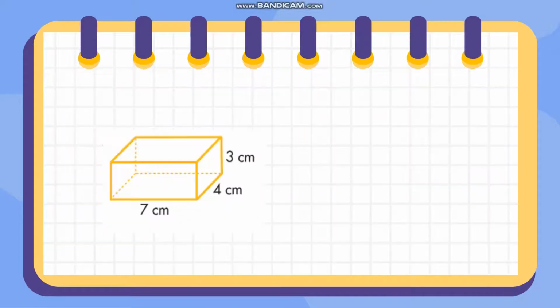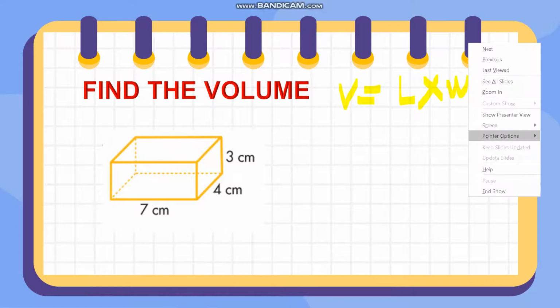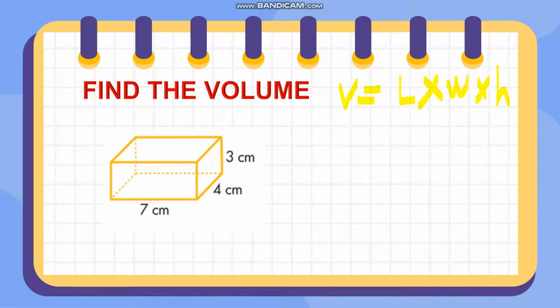Okay, next, how do we find the volume? Using the formula, as I told you, volume is equivalent to length multiplied by width multiplied by height. Look at the given. The length is 7, the width is 4, and the height is 3.